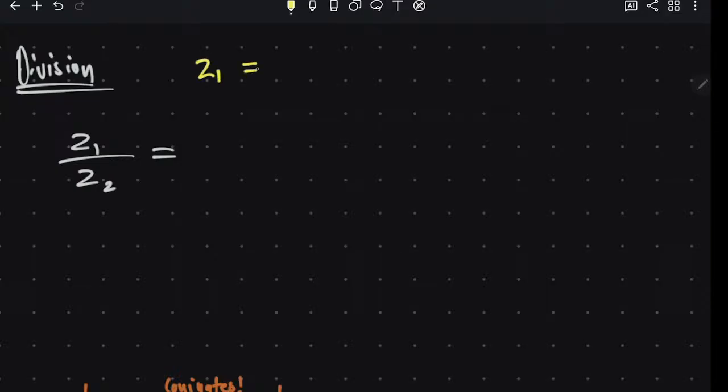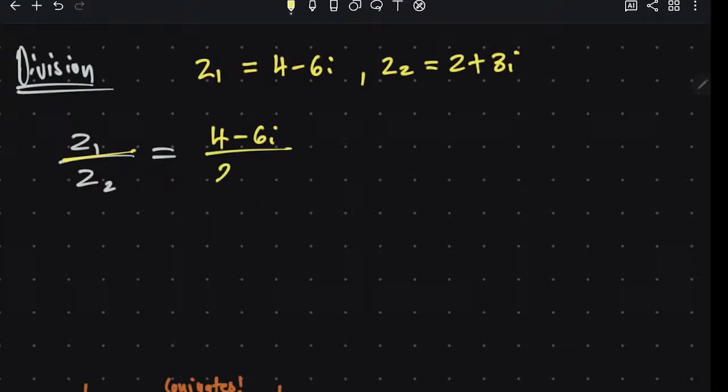Z1 is now 4 minus 6i. Z2 is now 2 plus 3i. Now they want us to find Z1 over Z2. In other words, 4 minus 6i divided by 2 plus 3i.